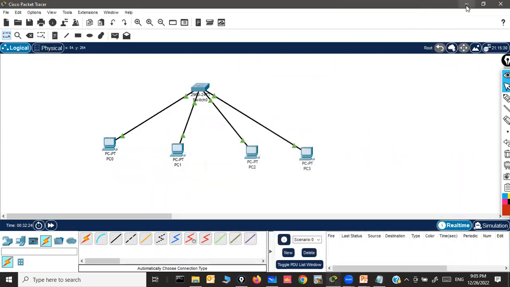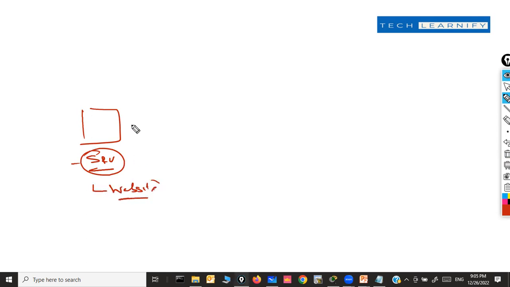Let's say you have a server here, a computer, maybe in your home network, no problem whatsoever. It has application software hosted on the server, just a website maybe, and you want the website running on this machine to be accessible globally from anywhere.